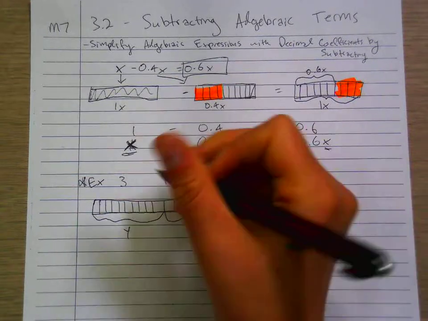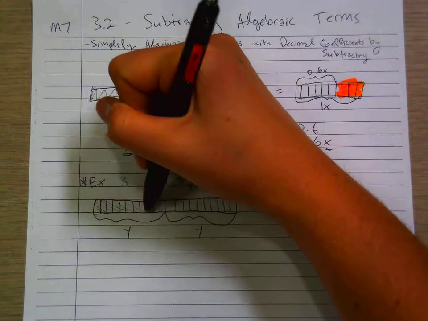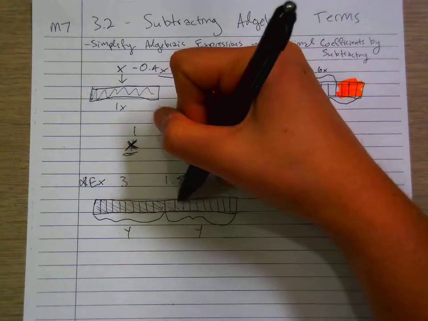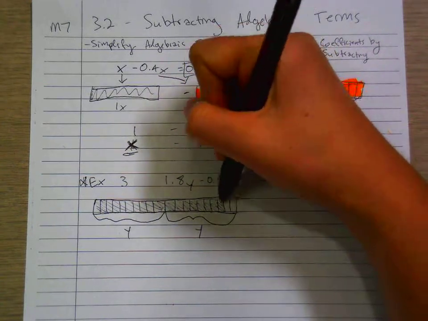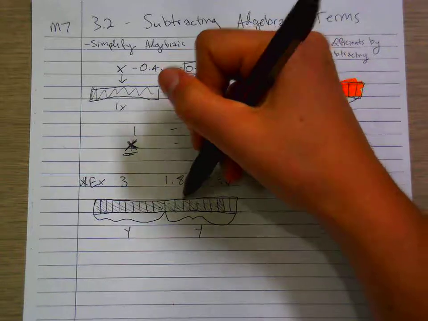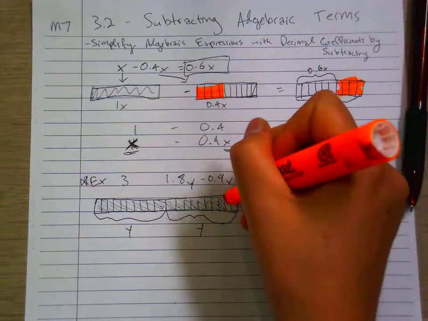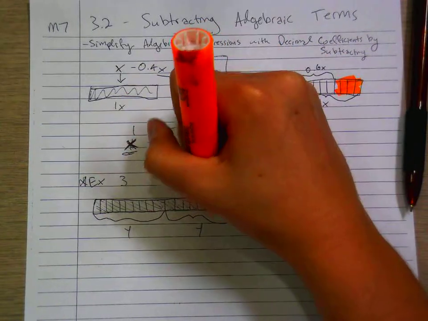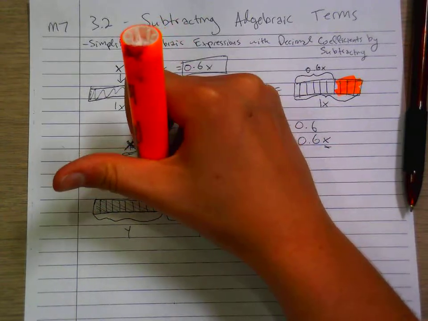If we start with 1.8, we have this whole thing filled in. That's 1y plus 8 tenths of y, 1, 2, 3, 4, 5, 6, 7, 8. So that is what we're starting with. Then we're going to subtract 0.9. So out of what we have, we say 1, 2, 3, 4, 5, 6, 7, 8, 9 is what we have taken away.